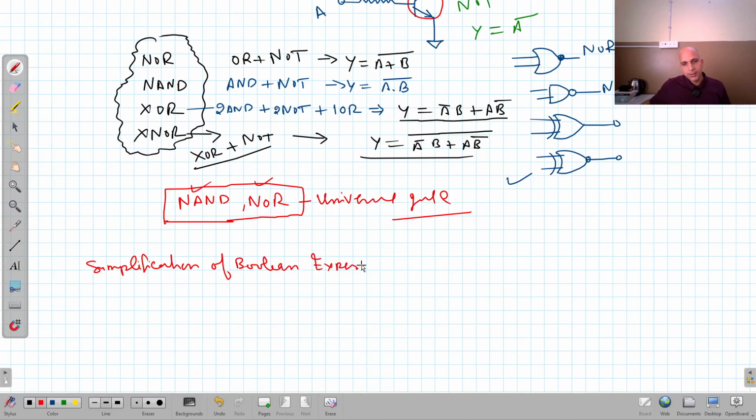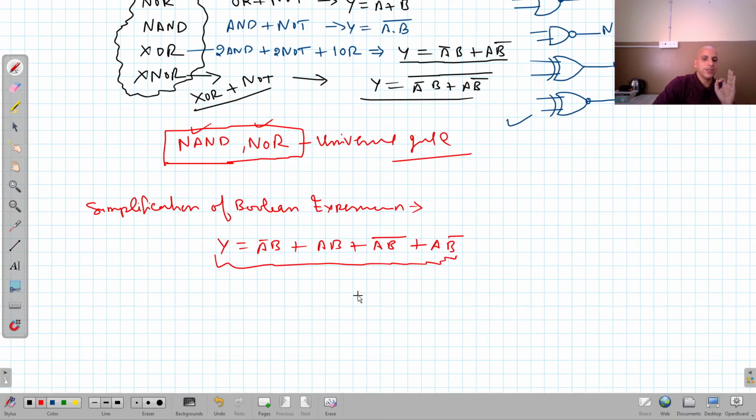Boolean expression means you will be given an expression in Boolean logic like Y is equal to A NOT B plus A B plus A B NOT, like that, and you will be asked to simplify this Boolean equation or expression and then draw the corresponding circuit.